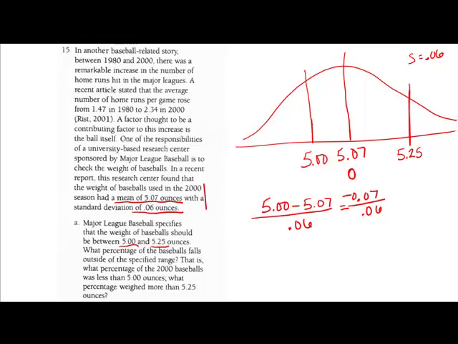It's going to be 1 something. 0.07 divided by 0.06 is negative 1.16, and then it just keeps going. 1.16 repeated. I'm actually going to round that up to 1.17.